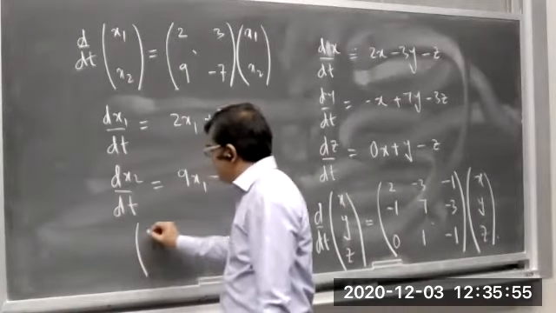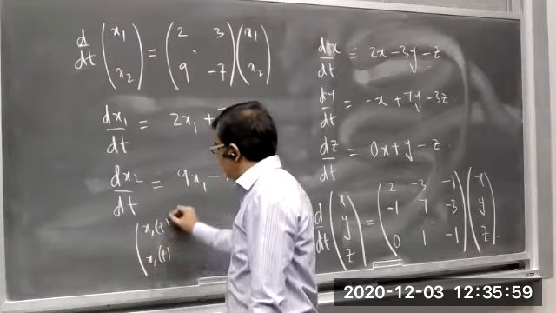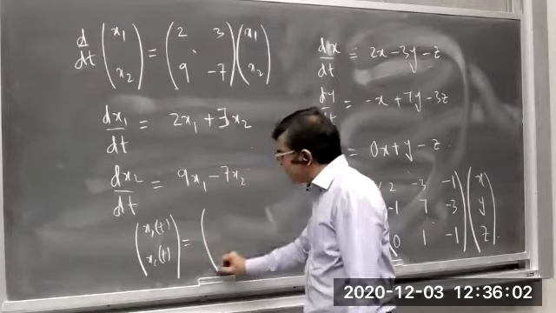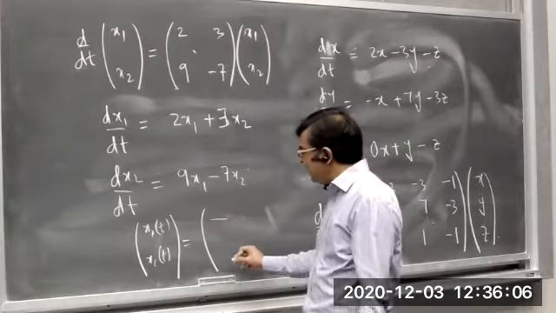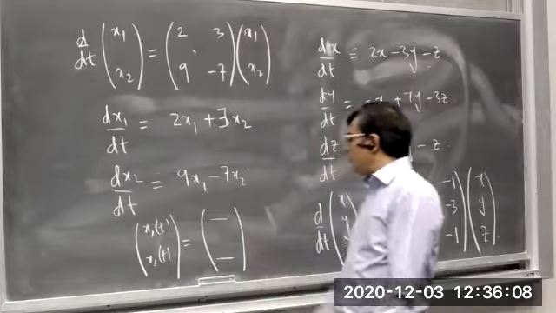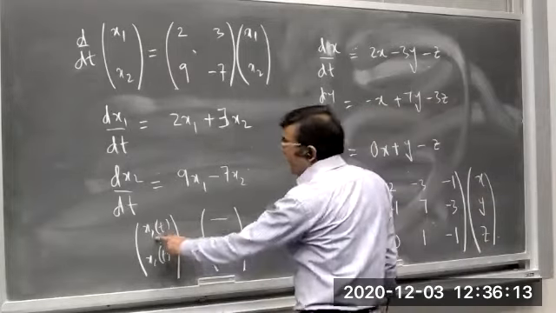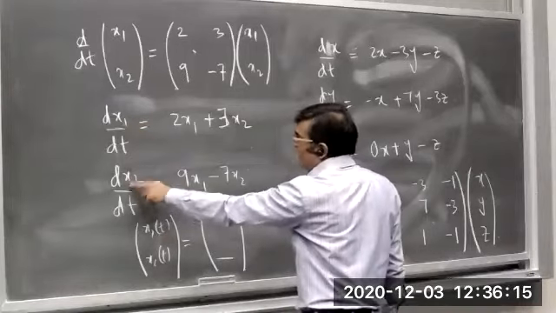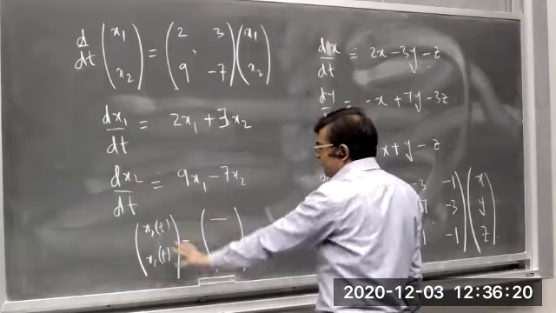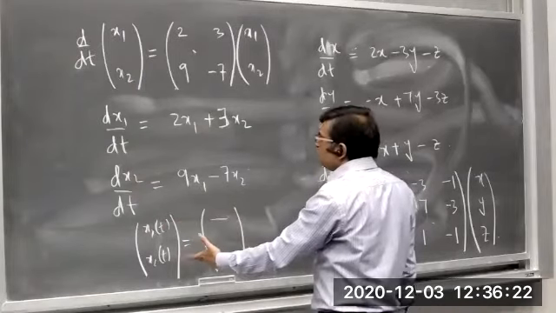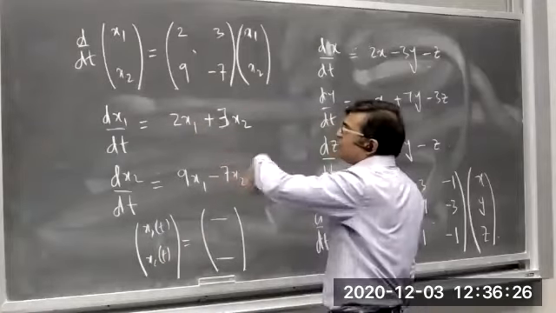The solution must be a vector x1 of t, x2 of t, and these should be functions of t, so that if we put x1 and x2 here in this system, the system turns into an identity.